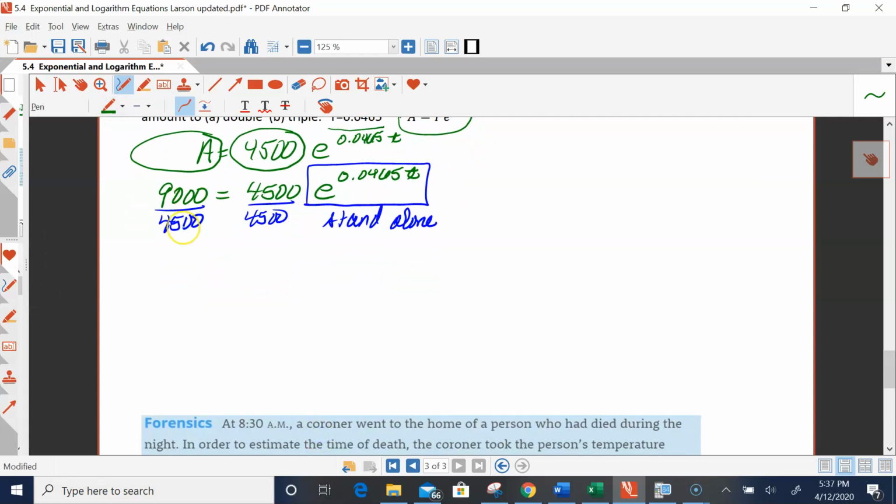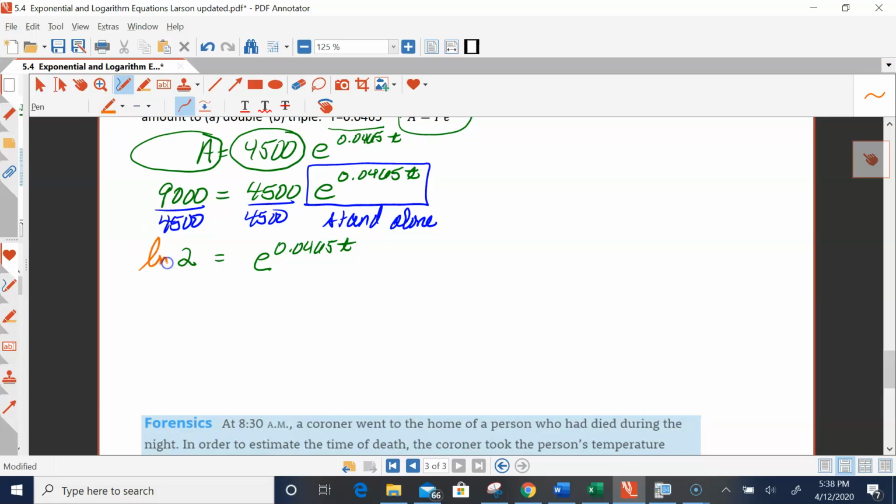Well, what's 9,000 divided by 4,500? We should get 2, because we're seeing how long it takes to double. So I have 2 equal to e to the 0.0465 t power. Now that my exponent term stands alone, my procedure says to take the log of both sides.